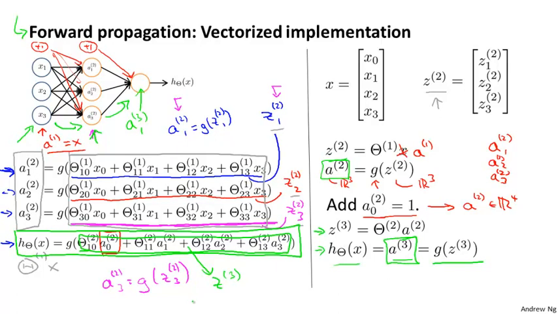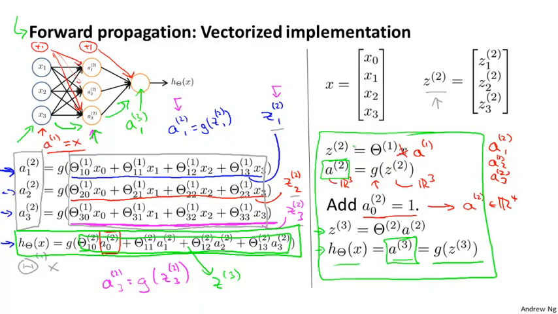But this process of computing the activations from the input, then the hidden, then the output layer, that's also called forward propagation. And what we just did was we worked out a vectorized implementation of this procedure. So if you implement it using these equations that we have on the right, this will give you a relatively efficient way of computing h of x.